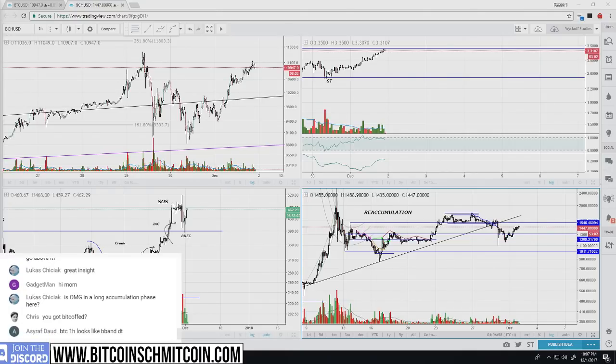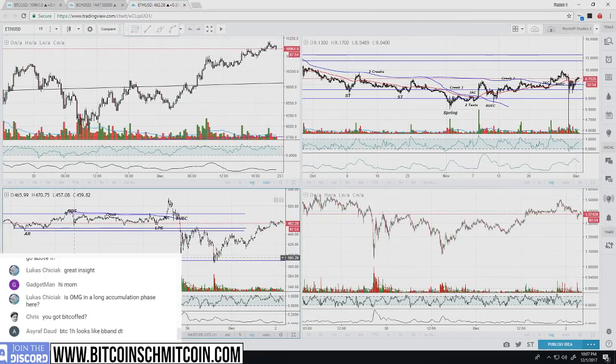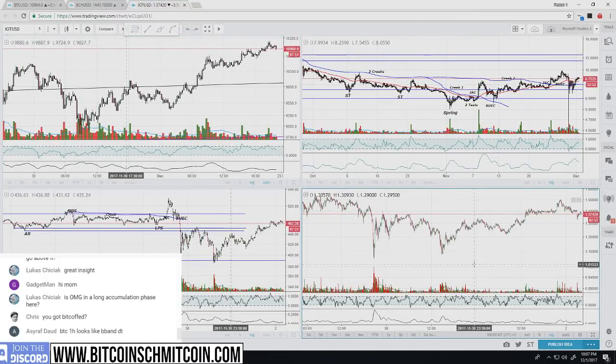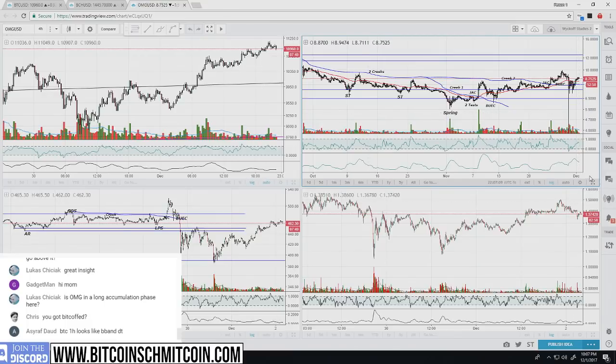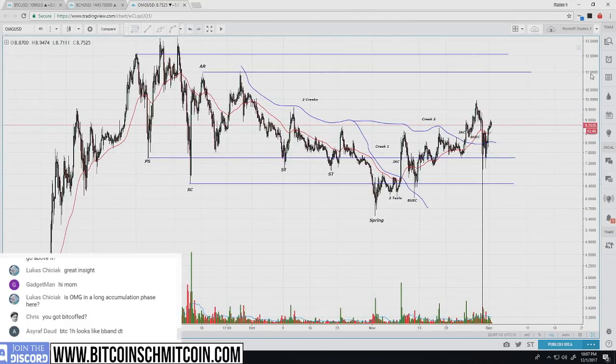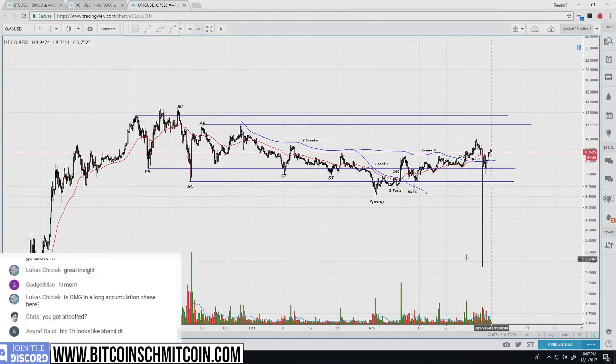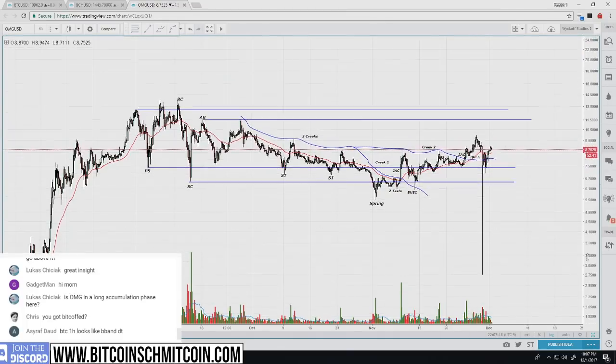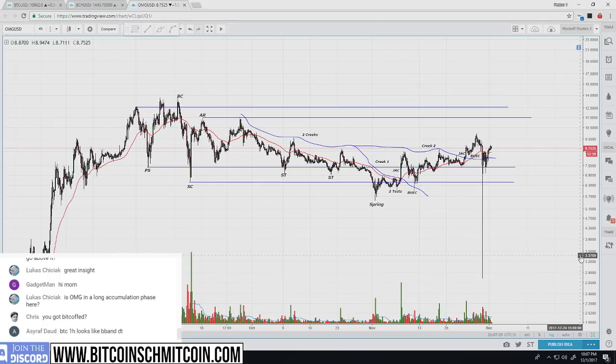Another set of coins I was looking at here. Oh, that's Ether. What is this? IOTA. Oh, OMG. OMG looks great. OMG is another reaccumulation phase, I believe. Disregard this little boner here, but oh my God, sorry guys.